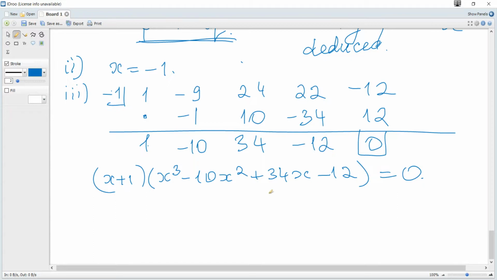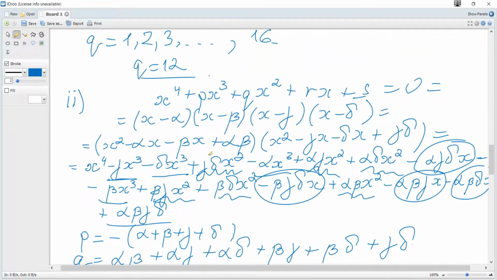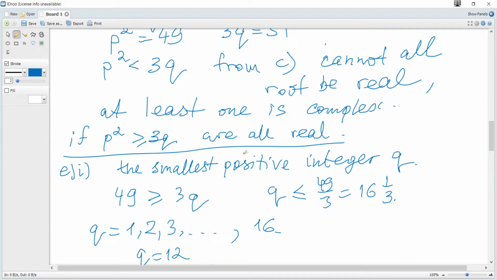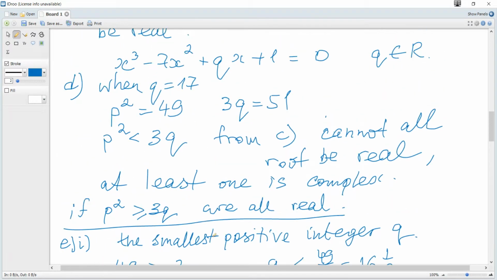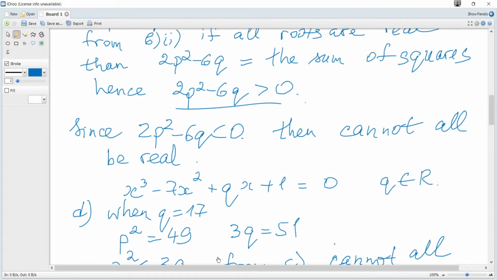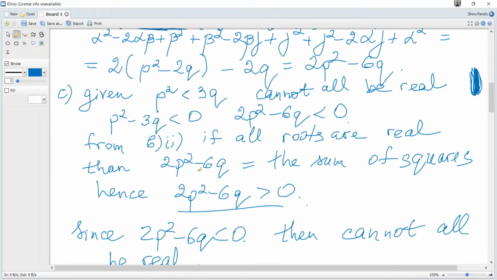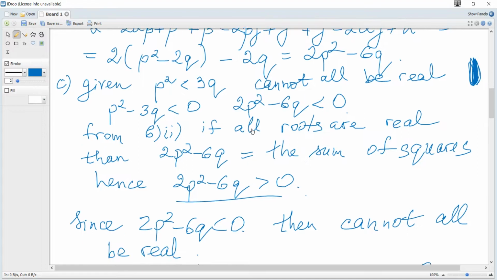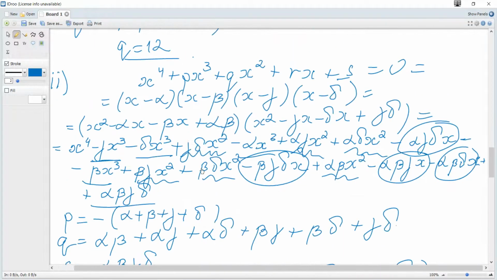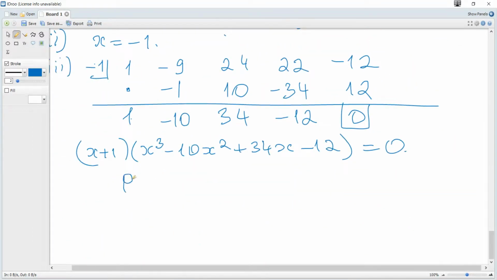And if we consider this cubic polynomial, the condition for a cubic polynomial to have at least one complex root is this: p squared is less than 3q. It's this one, p squared minus 3q, and we need to show that p squared is less than 3q.